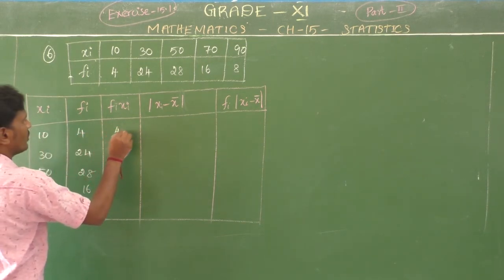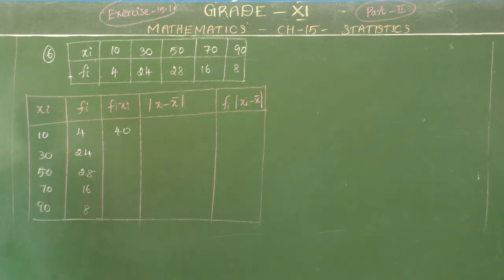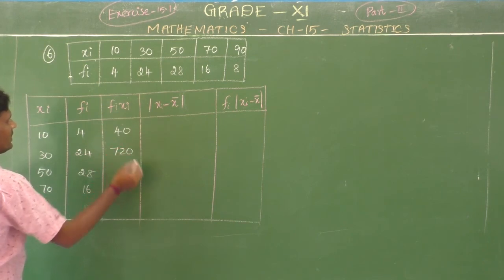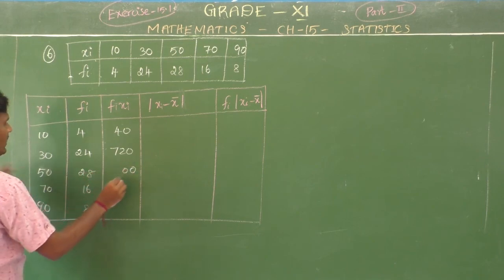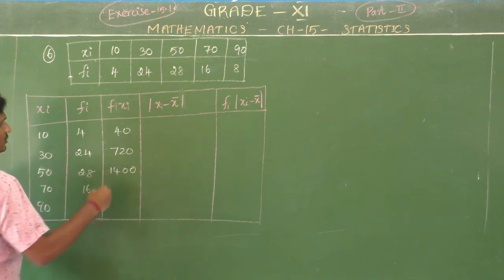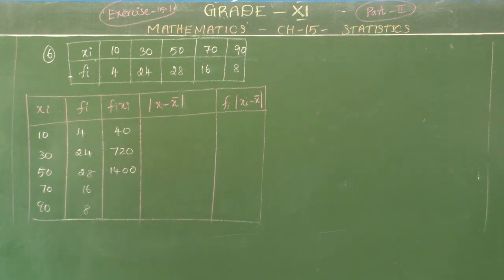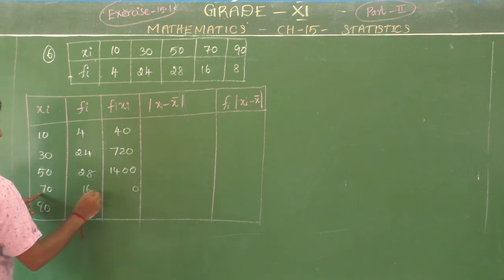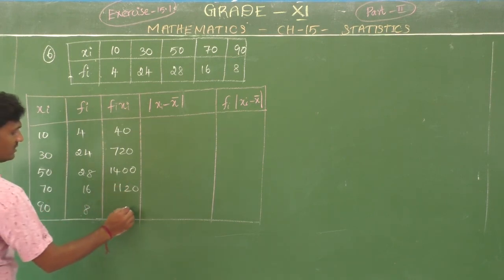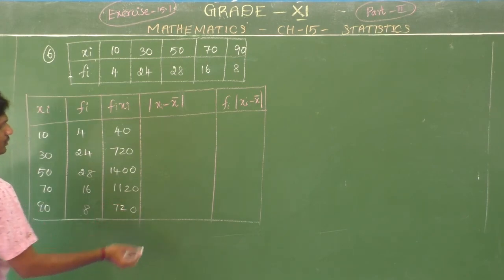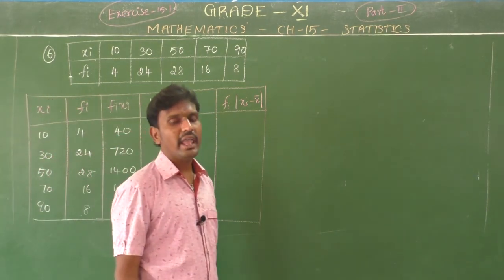So 10 fours are 40, 30 into 24 is 720, then 28 into 50 is 1400, then 70 into 16 is 1120, then 90 into 8 is 720. So these are the values of xi and fi.